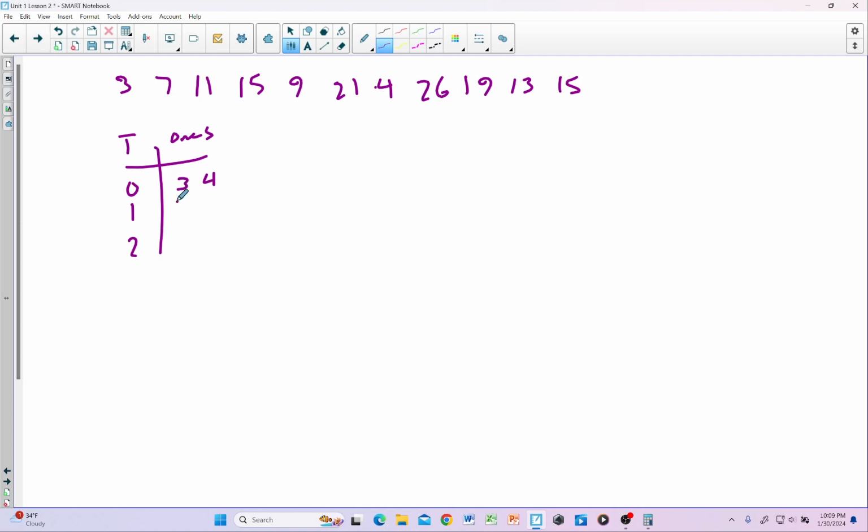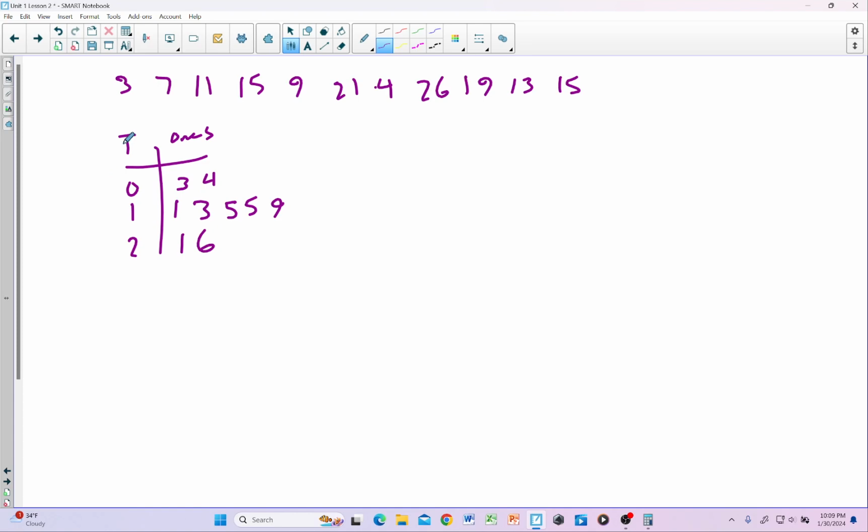So I have an 11. I have a 13. I have two 15s, and I have a 19. Notice how I didn't have to write the 1 but just the first time. And then I have a 21 and a 26. So maybe this data is all right.